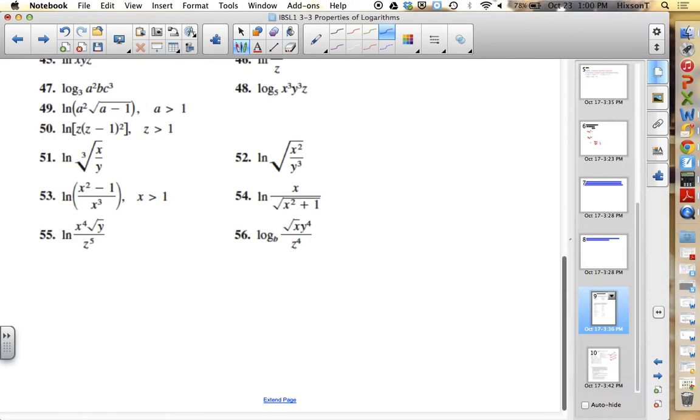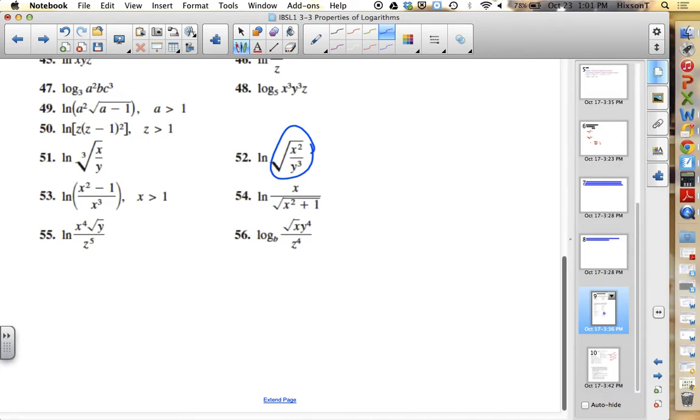Okay, 52. Yeah. 52 is actually a whole lot like 51, but my guess is it's the combination of the square root with these exponents. What I would do first of all is convert this and simplify that a little bit by pulling the square root into the fraction.